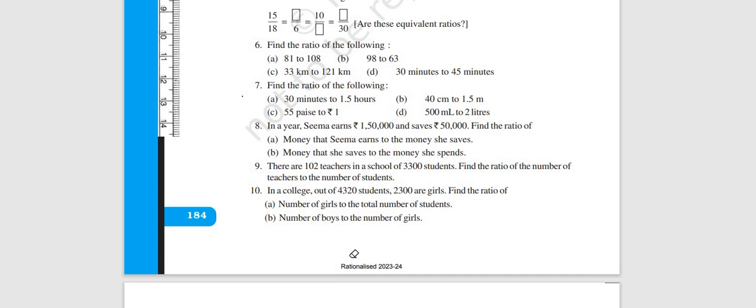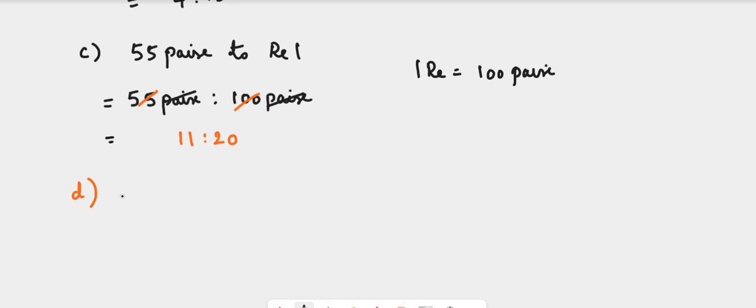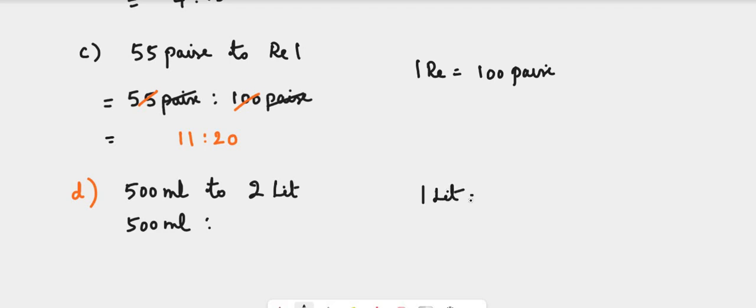Now the fourth question. 500 ml to 2 liters. So the left part is in milliliters, the right side part is in liters. So 500 ml to 2 liters. 1 liter is equal to 1000 ml.